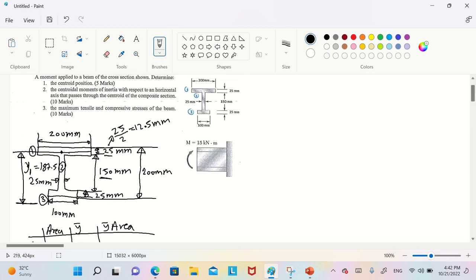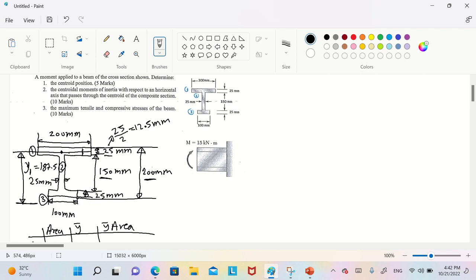Because y bar is the distance between the center of the first one and the ground. This one, the y bar one. So when I said the maximum height of this one is 200, at the top here, between the center and the top edge is 12.5. Here at the top 12.5 and the down is 12.5.